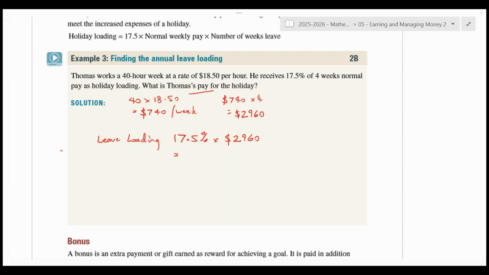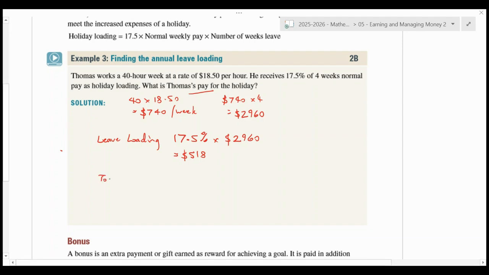I'll do it on my calculator, if you can see it, great. I'm not sure that you can. I'm using 17.5% times 2960, putting exactly that into the calculator, and it gives me $518. So his leave loading is $518.